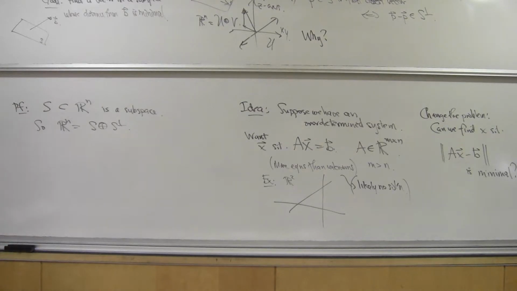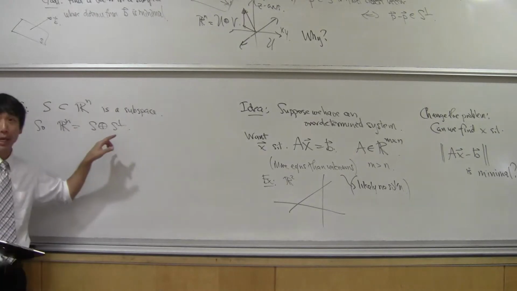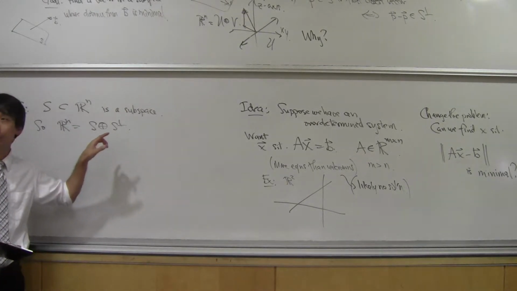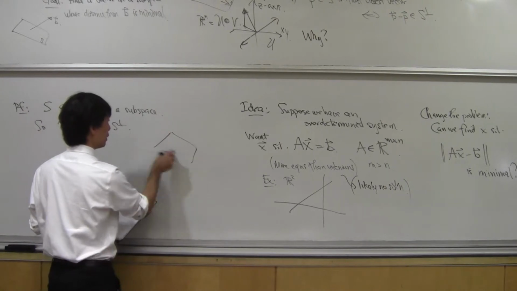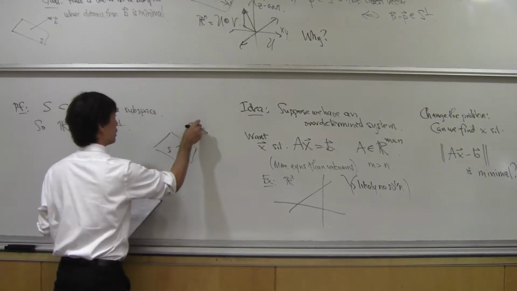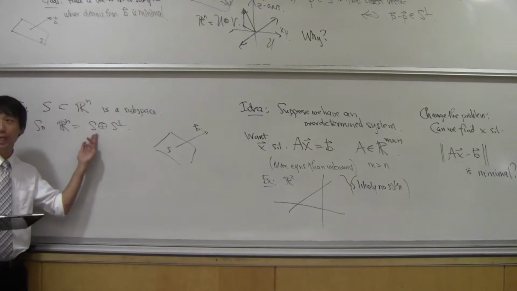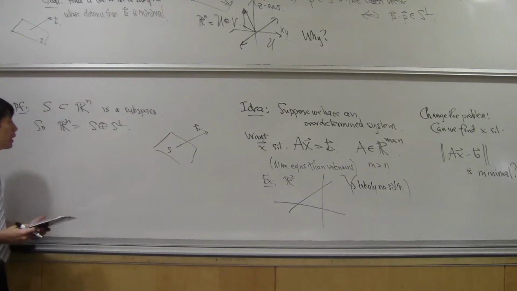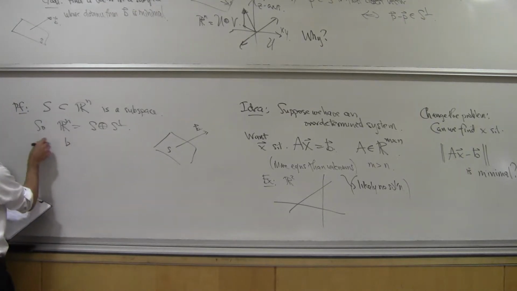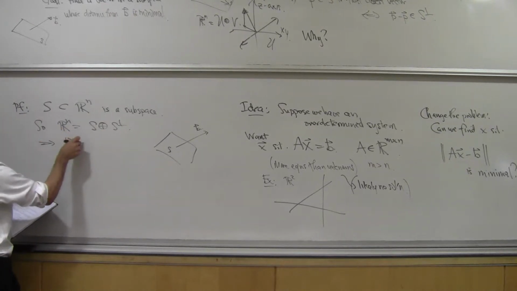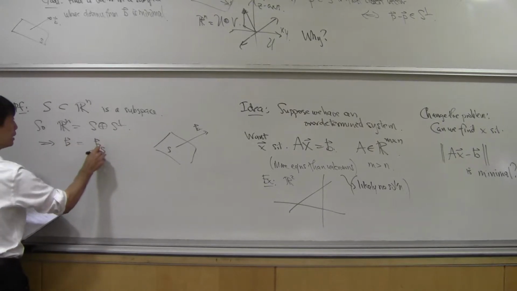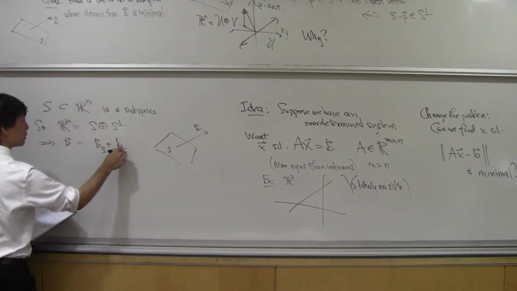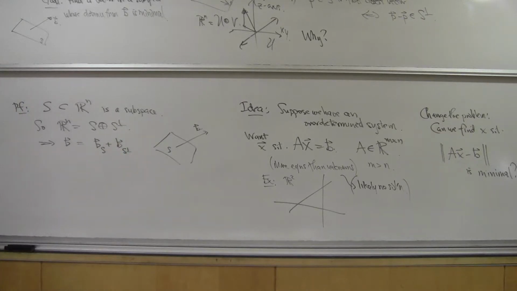Okay, so let's remember where we are. We're trying to show that there is a closest guy to B. We have our subspace, we have our B, and we're trying to show that there's a closest guy in S to B. So what we do is we say, we have this direct sum, so let's split B up into those two parts, what we're calling U and V up there.